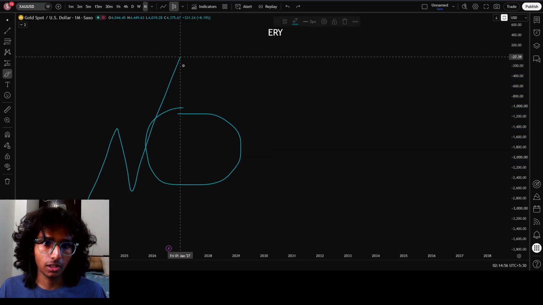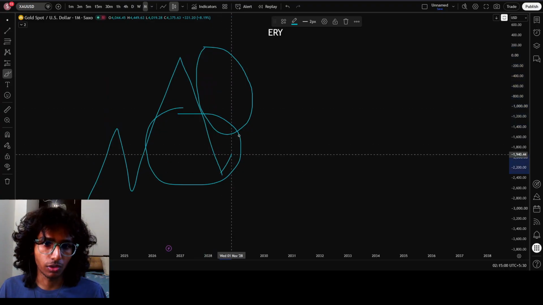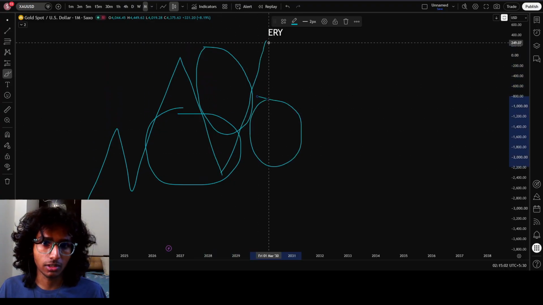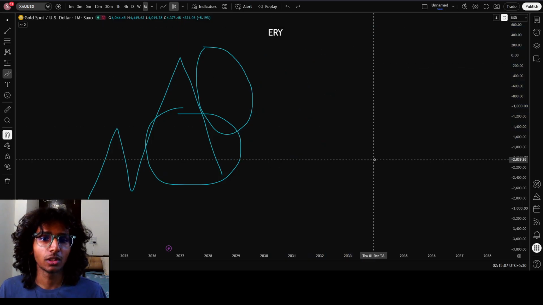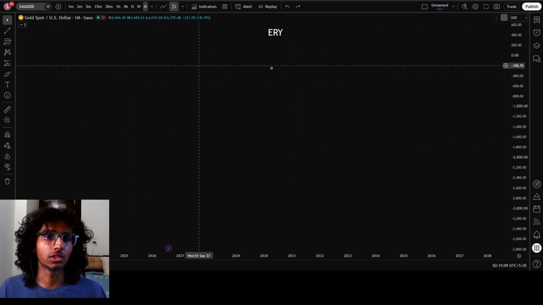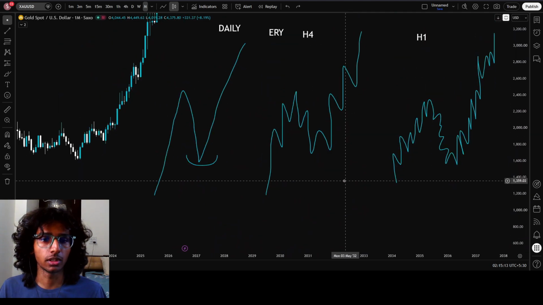While it comes down, it creates another space, so it fills again, then creates another space. That's what liquidity is: a space to go, clear out, and then go in the same direction.